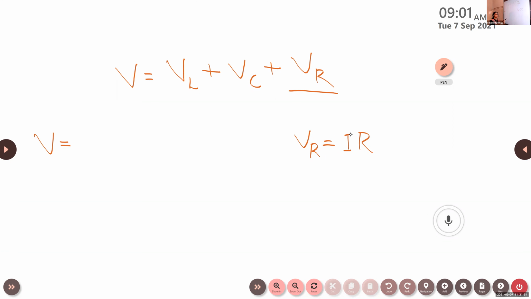Similarly, what about the expression for the voltage developed in an inductor? We studied this expression in our previous chapter, electromagnetic induction, the EMF generated in an inductor or solenoid from self-inductance.